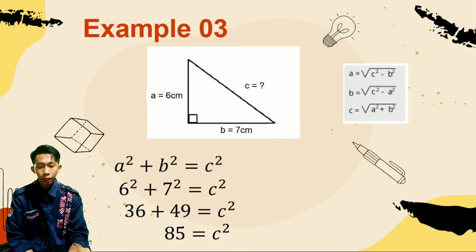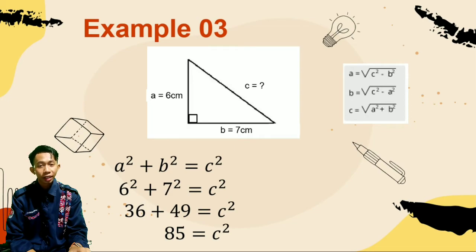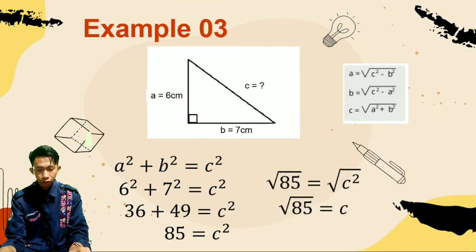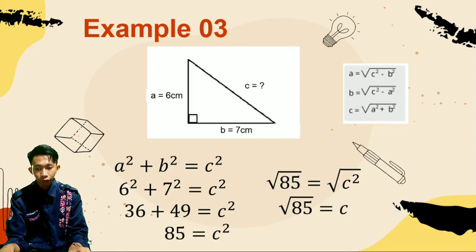So 36 plus 49 is 85. 85 is equal to C squared. Same as the previous example, if you want to know how long the C side is, we should put the square root on both sides. We get the square root of 85 equals the square root of C squared. So C is equal to the square root of 85.